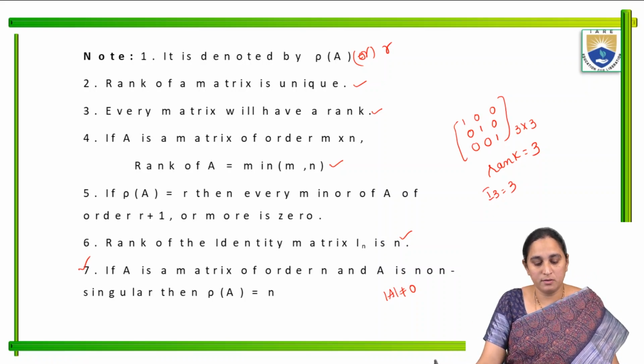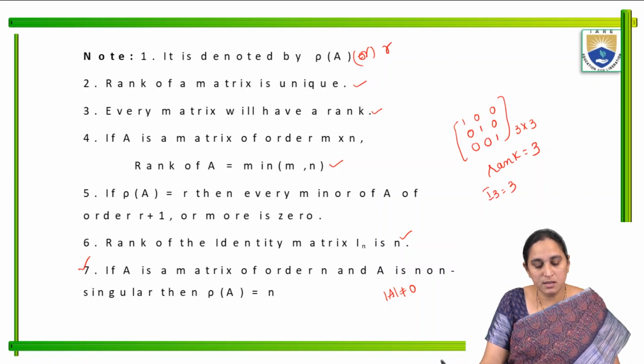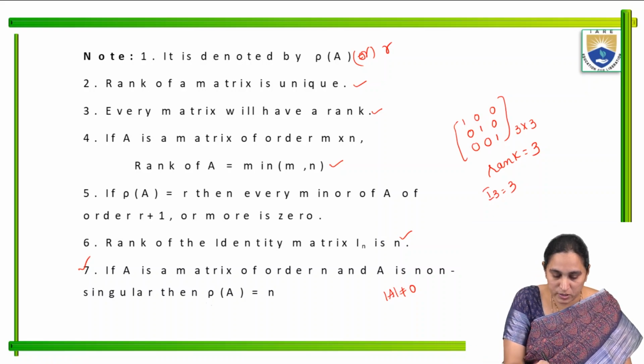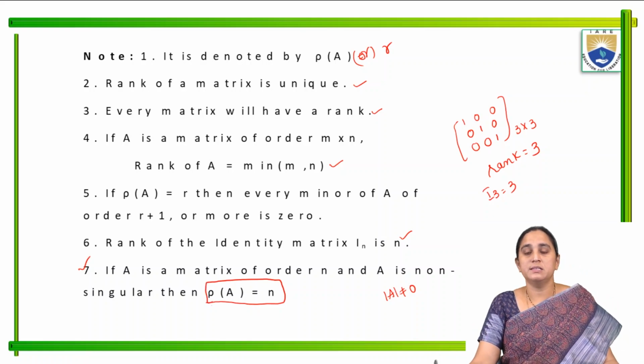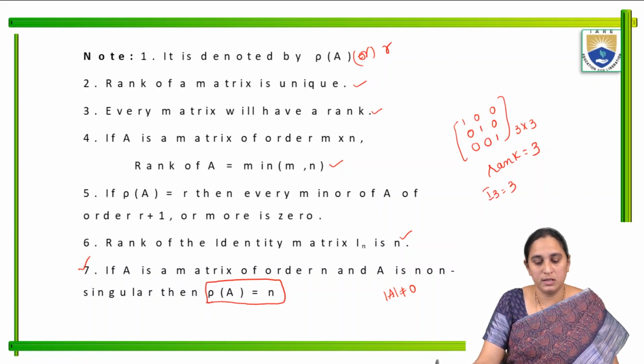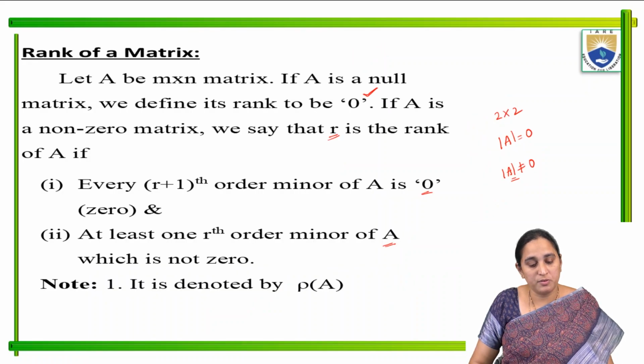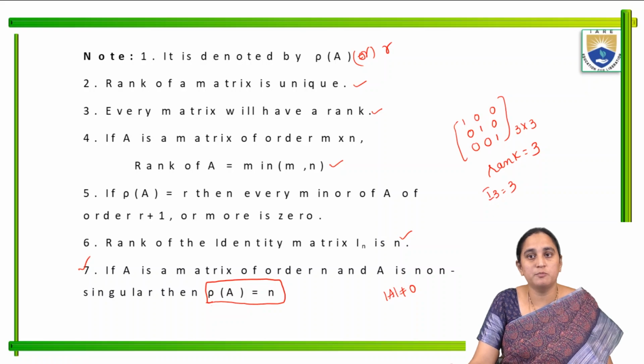This is a very important point. If A is a matrix of order n and A is non-singular, non-singular means det A not equal to 0. Where the det A is not equal to 0, that corresponding order is the rank of a matrix. That is, rank of A is equal to n. Once again, I'll repeat the basic concept of the rank of a matrix through this seventh point.